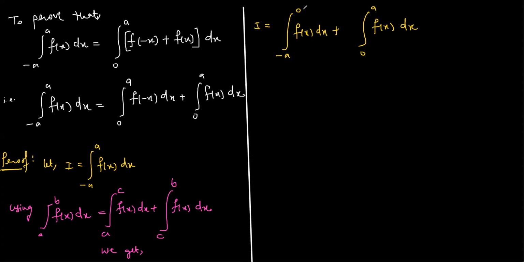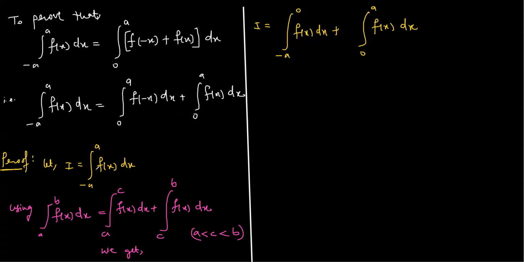And why do I do that? Because 0 lies in between negative a and positive a. In the theory, c is greater than a and lesser than b. This intermediate number has to be greater than the lower limit and lesser than the upper limit.